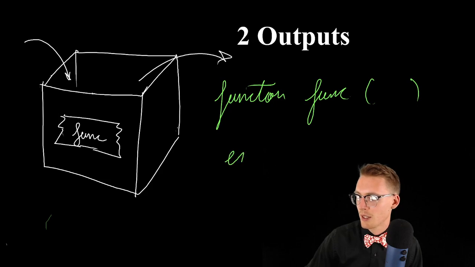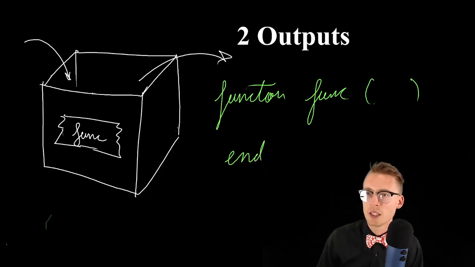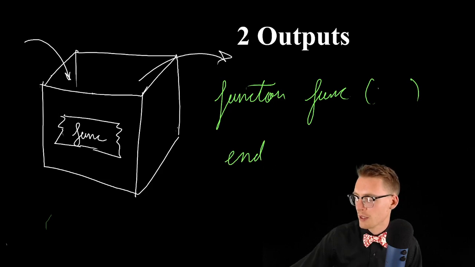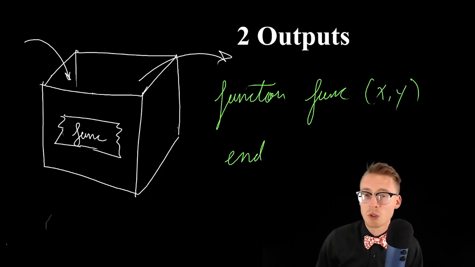And then we're going to end this function. And so that's the framework, right? So last class we defined a couple variables or boxes that would take the values passed into a function, and then we could do some work on those variables, so the x and the y, right?